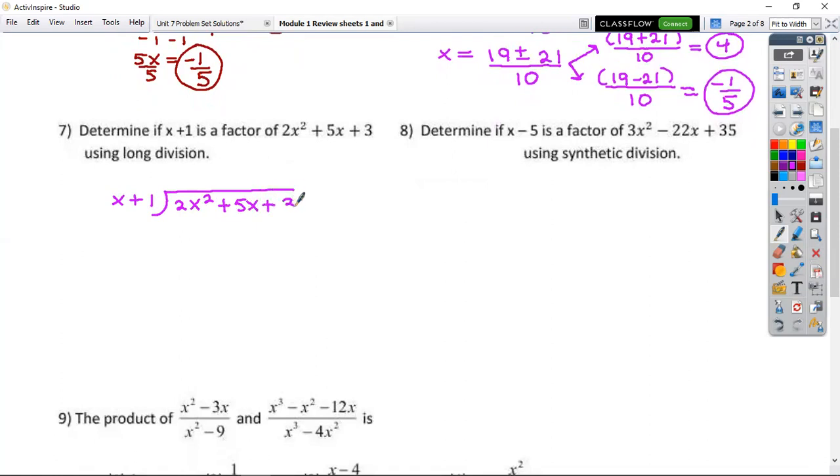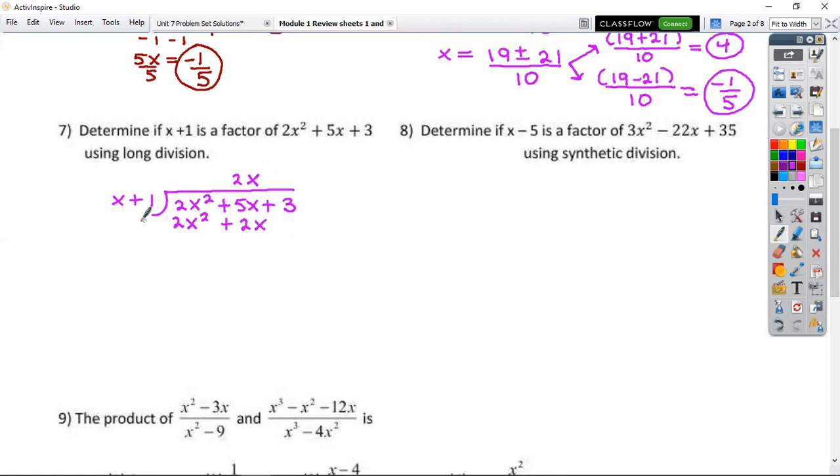All right, on top of the house, what do I need to multiply x by to produce the term 2x squared? 2x, good. That goes right here. 2x times x is 2x squared. And then 2x times 1 is 2x.